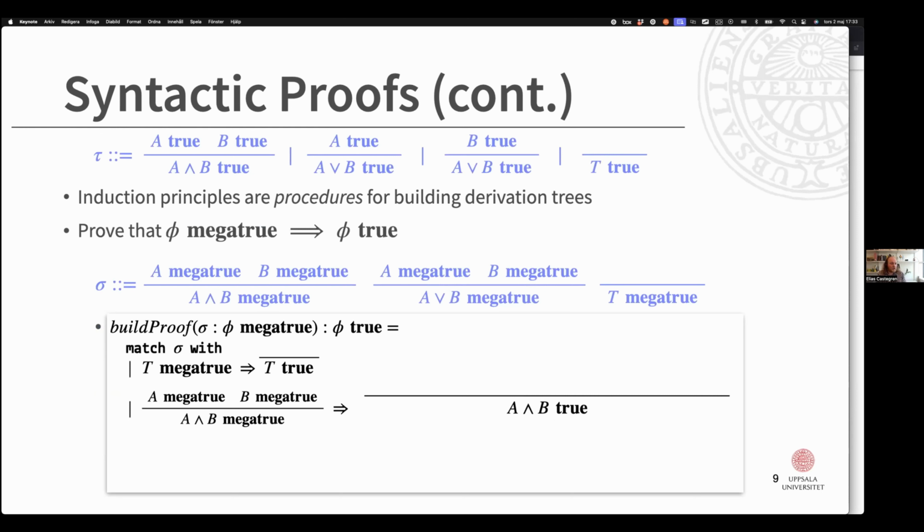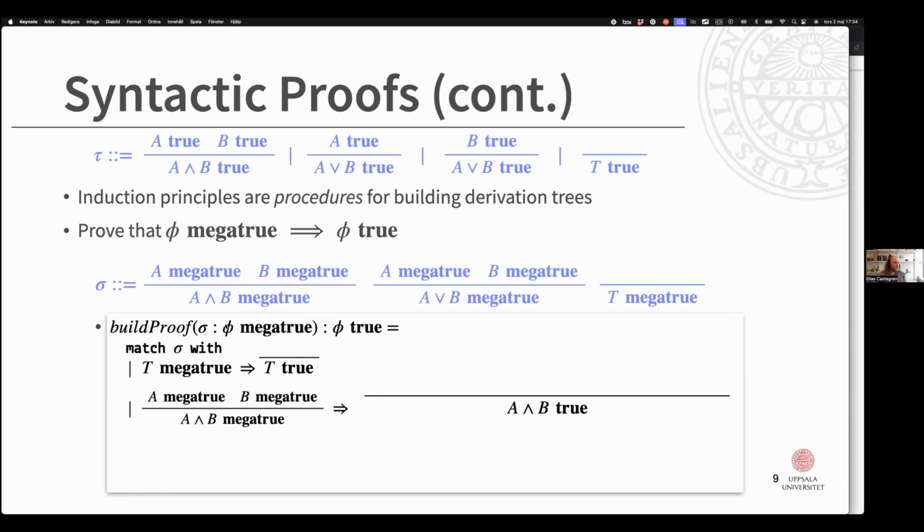I'll give you a minute to just think about this. Don't think about it in terms of proofs. Think about it in terms of just programming. How can we get something that has the type A is true?